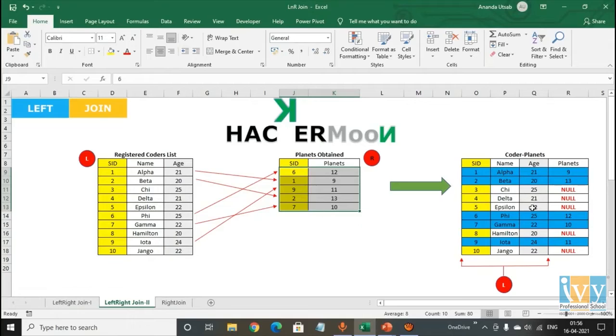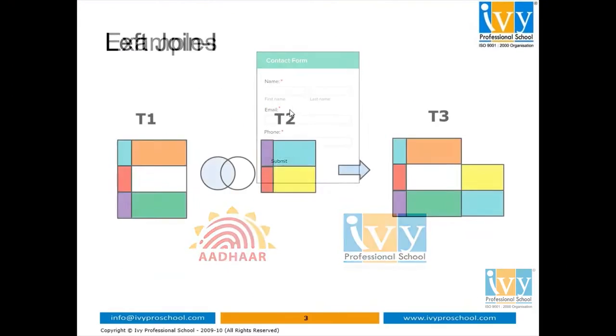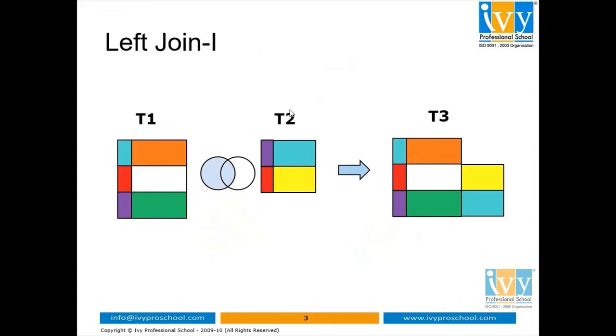They are not there, so they will be getting null in their planets column. Alright, this is the concept of left join shown using colorful tables. All the entries of the left table will first be displayed in the result table, the matching records would be displayed, and the unmatched ones will get a null value.